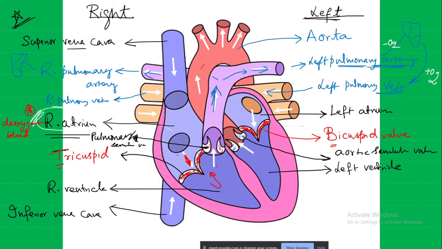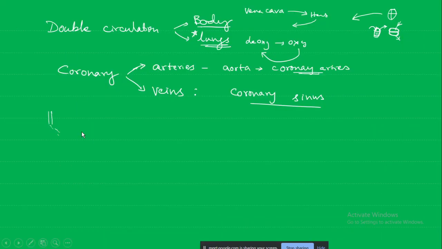So the coronary sinus will collect all that deoxygenated blood and put it into the right atrium.